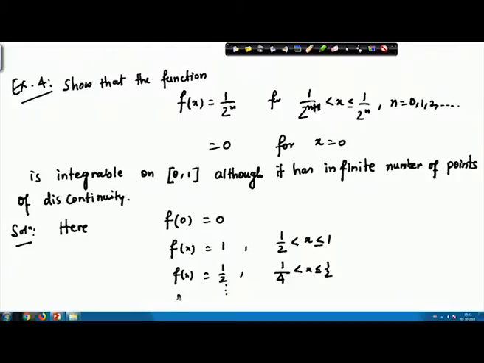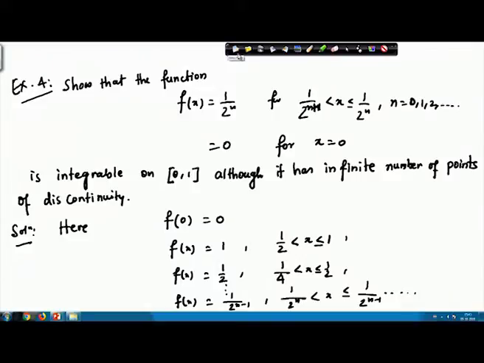It will be f(x) equals 1 by 2 to the power n for x between 1 by 2 to the power n plus 1 and 1 by 2 to the power n, and so on.